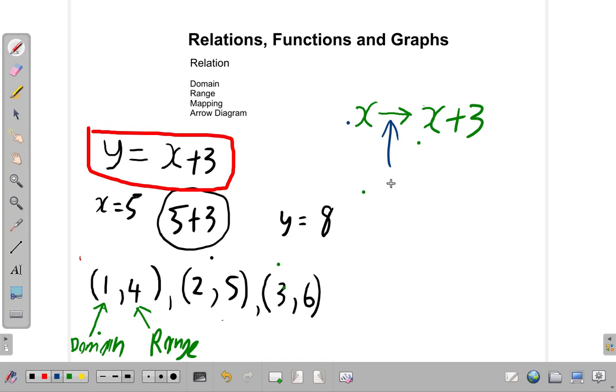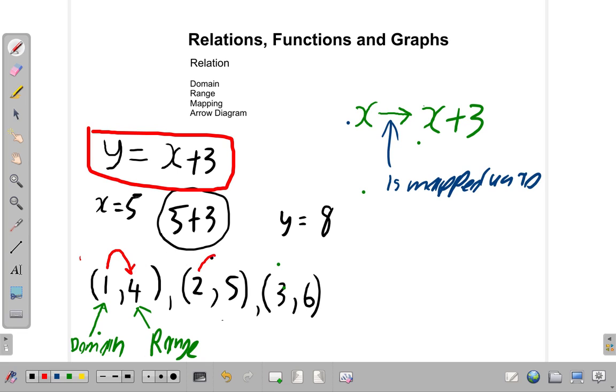So this little arrow means is mapped onto x plus 3. What that means is you put in the x and you map it onto x plus 3.